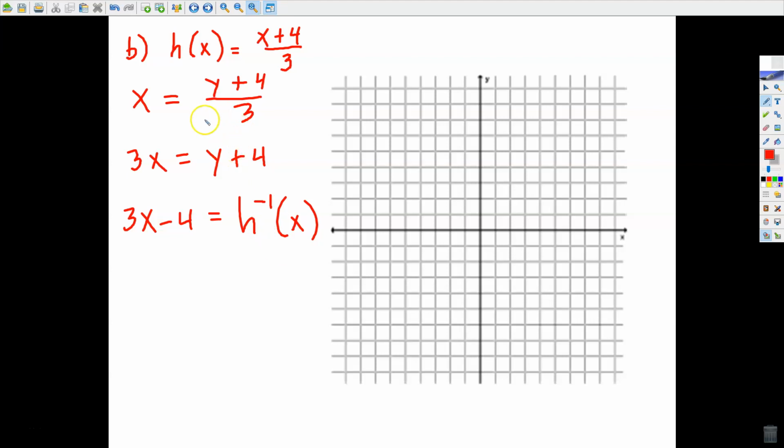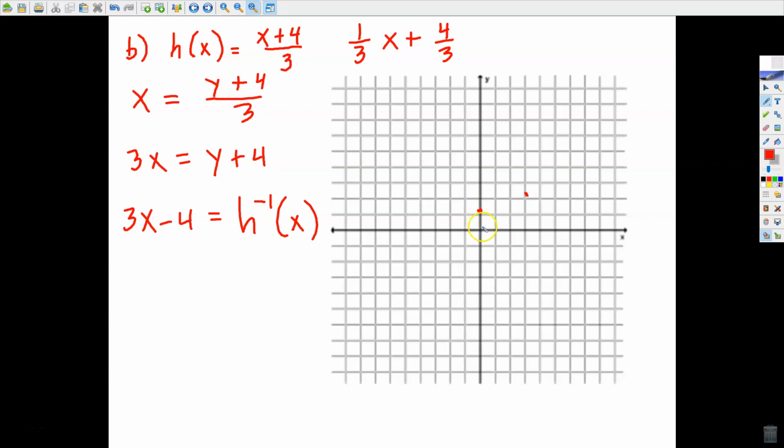All right, so our instructions are to graph the original function, and if it makes it easier for you graphing-wise, you could think of this as 1/3 x plus 4/3. So the y-intercept is 1 1/3. And the slope is 1/3. Up 1, right 3.